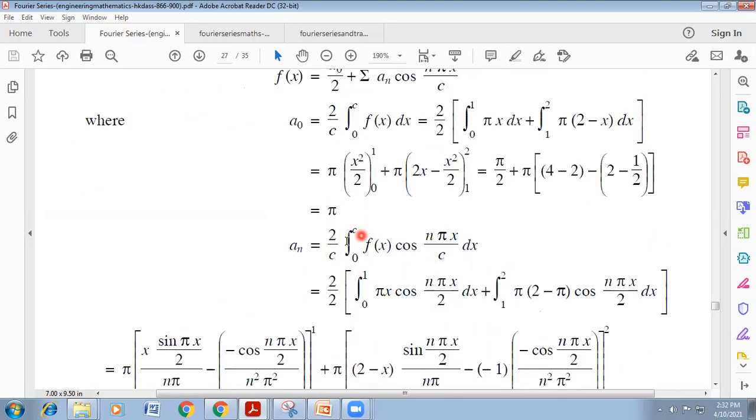So just putting c equals 2 here, this integration can be divided into two parts. 0 to 2 can be written as 0 to 1 with the first function f of x cos n pi x by 2, and the second part 1 to 2 with the second function. This cos n pi x by 2 is common in each function, just the function changes for this interval, 0 to 1 first function and 1 to 2 second function.